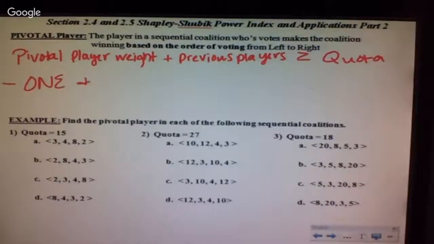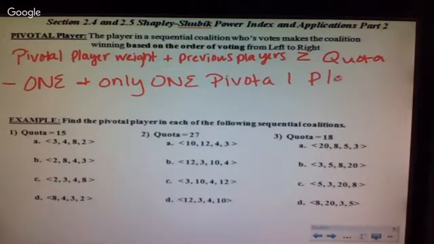One and only one pivotal player. So in Banzhaf, when we were identifying critical players, you can underline every last one of them in the coalition. You cannot do that in this one. There is only one pivotal player per coalition.